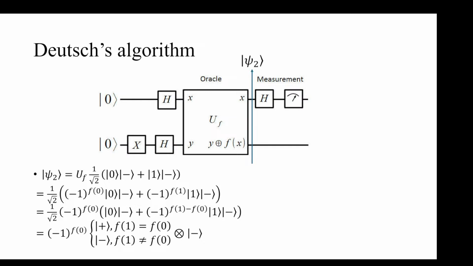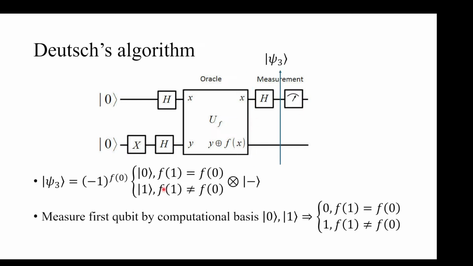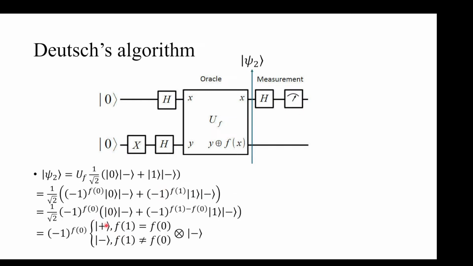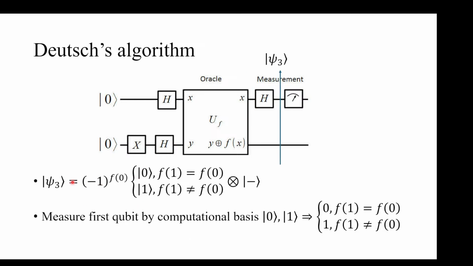Okay. And finally, you do a Hadamard, and the Hadamard turns plus, minus into 0, 1. So your whole state is basically 0 tensor minus if f1 equal to f0, and 1 if f1 doesn't equal to f0. Okay. And finally you do a computational basis measurement on the first qubit.